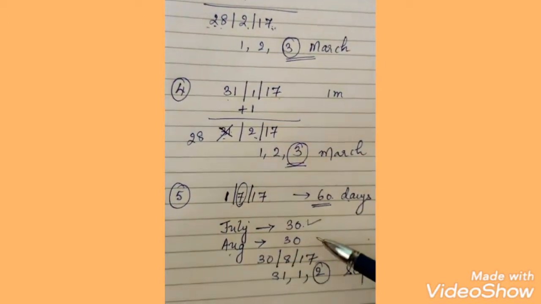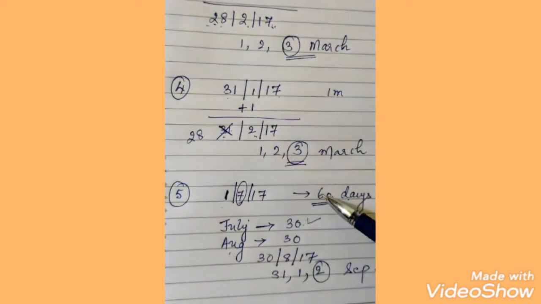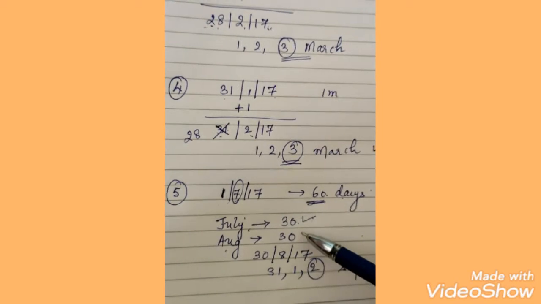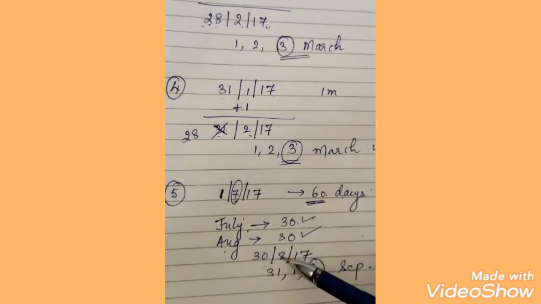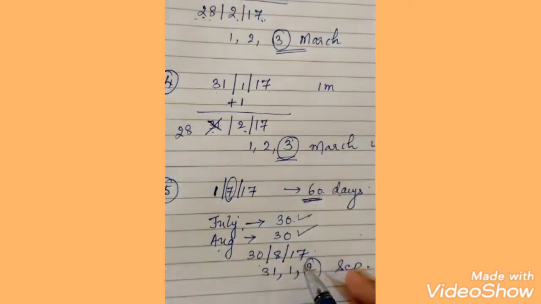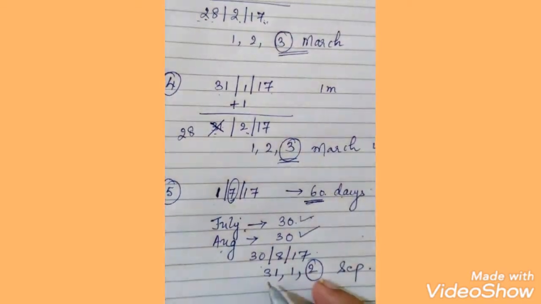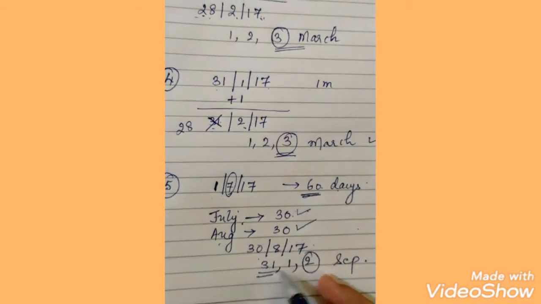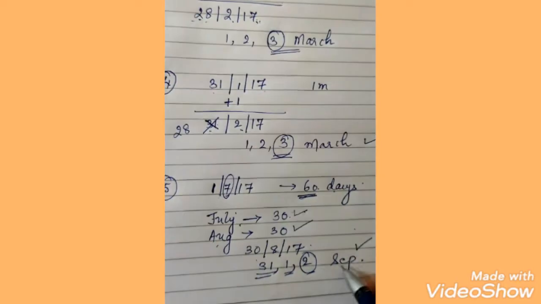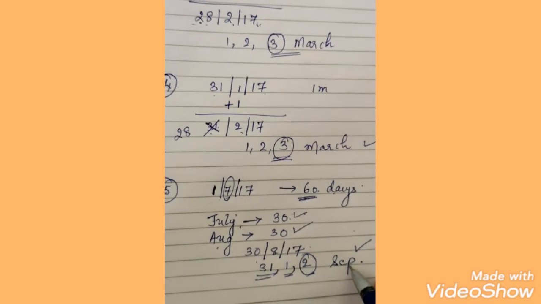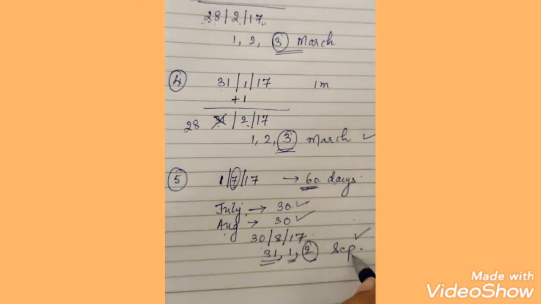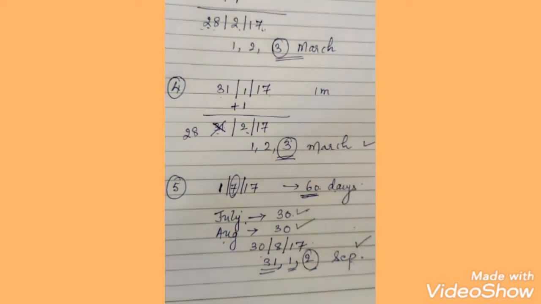And August has 31 days, but we need only 60 days, out of which we already have 30 days of July, so we will consider till 30th August 2017. After that, we have to add 3 days of grace. So I'll add 3 days of grace: 31st August, 1st September and 2nd September. So my date of maturity will be 2nd September 2017. Okay, I hope you understood the fifth case also.